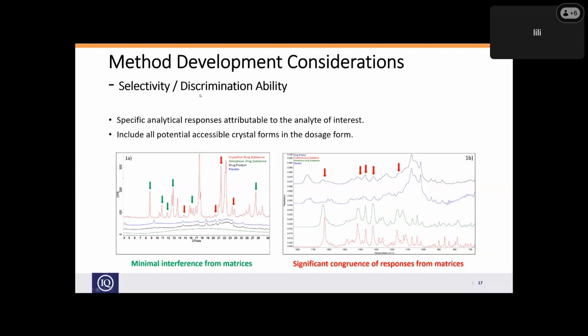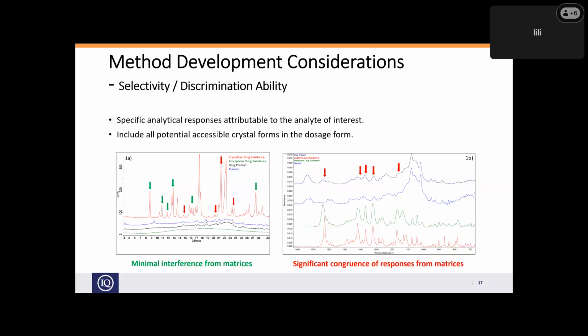So in our case, we want to detect the crystalline drug substance with a specific response from the crystalline phase, to distinguish it from the matrix signals. And if more than one crystalline form or phase can potentially be accessible in the dosage form, they should all be assessed in the method. So the method may need to consider multiple analytes, in a sense.